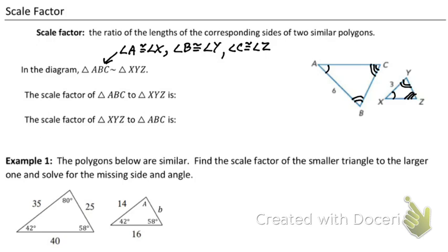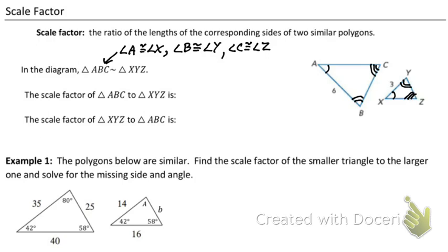The other way you can do that is based upon how it's written. It goes A to B first, and this goes X to Y first. So that means AB corresponds to XY. It means that BC corresponds to YZ. And it means that CA corresponds to ZX.